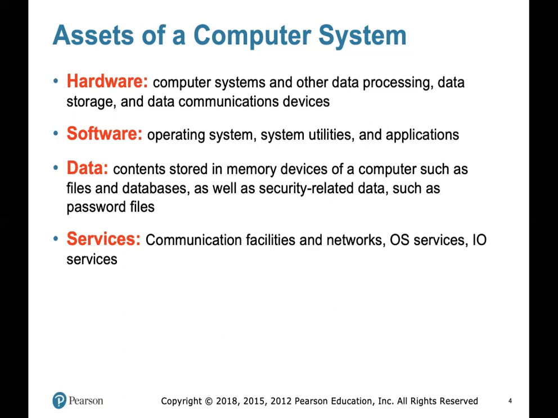Another important asset, which you may be hearing defined as an asset for the first time, is data. Data in a computer system is also considered an asset. The reason is that data is produced after some computation, and we have bought a computer system.